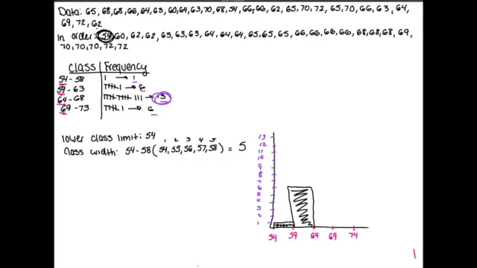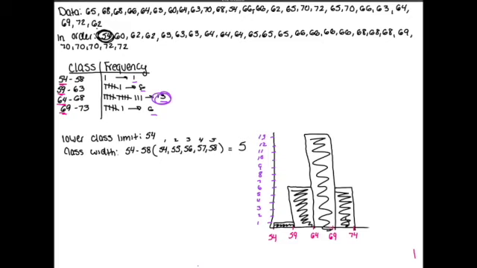I'm going to fill that in. Our third class is 64 to 69, and this is 13. I'm going to fill that in. And then our last class is 69 to 74, and that is the same. That is 6 as well. So I'm going to fill that in.